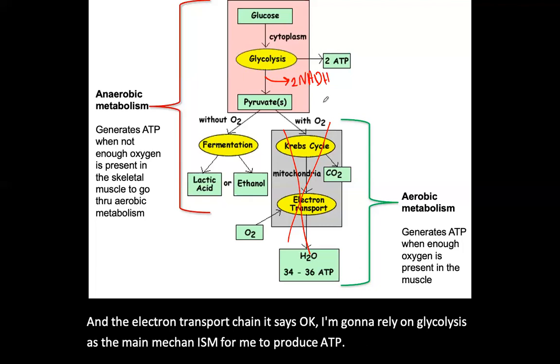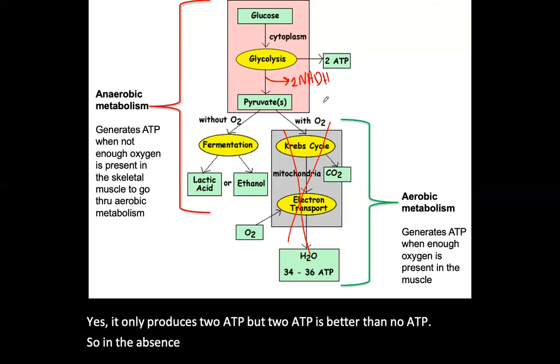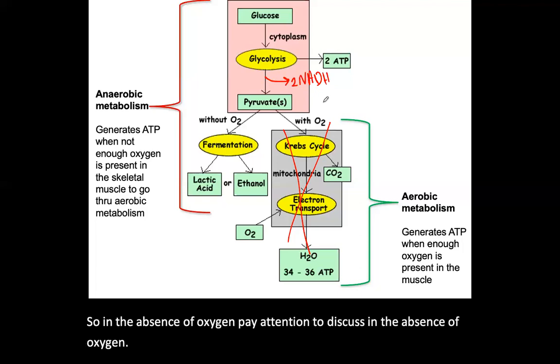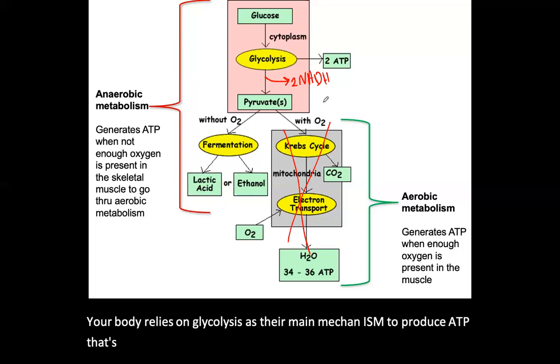Yes, it only produces 2 ATP, but 2 ATP is better than no ATP. So in the absence of oxygen, pay attention to this, guys, your body relies on glycolysis as the main mechanism to produce ATP. That's its purpose.